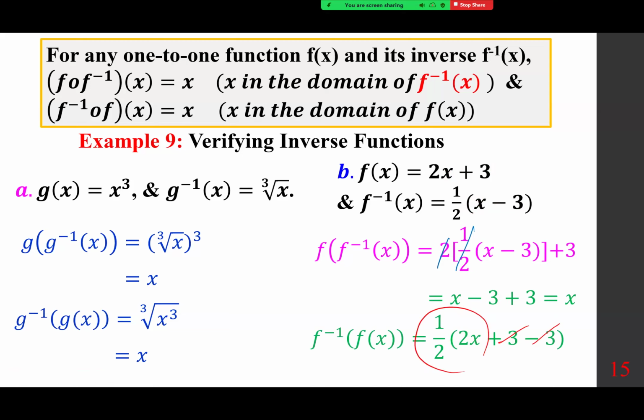Half times 2x is x. That is also a verification, everybody. So we proved in both cases A and B that the two given functions are inverse of each other.